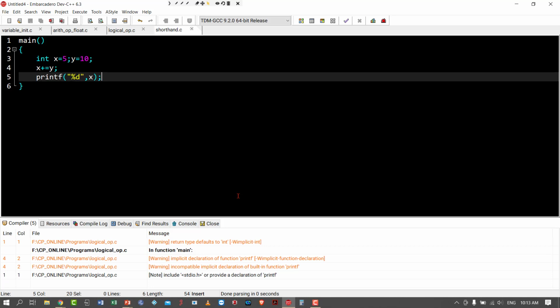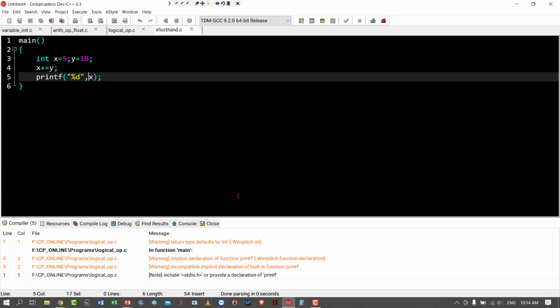What will be the output of this program?